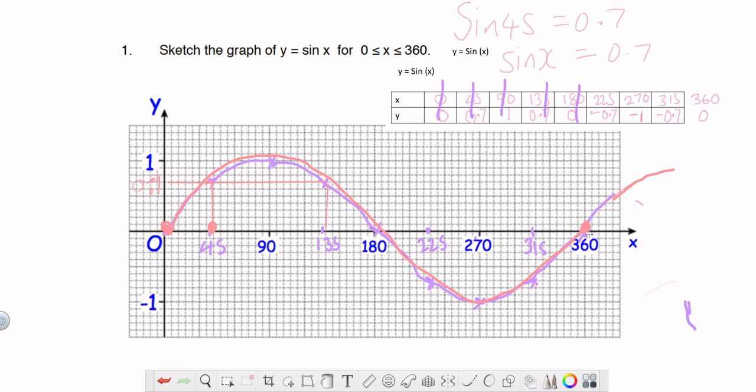So if I add on another 45 to the 360, that's roughly here. That's 405. So sine 405, let me do that with a straight line.